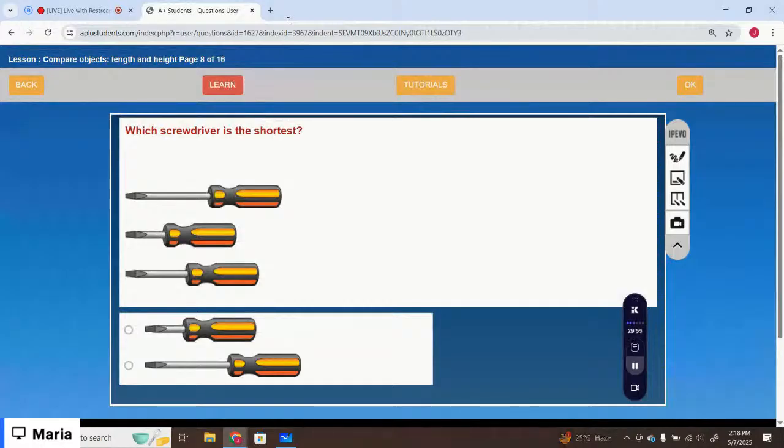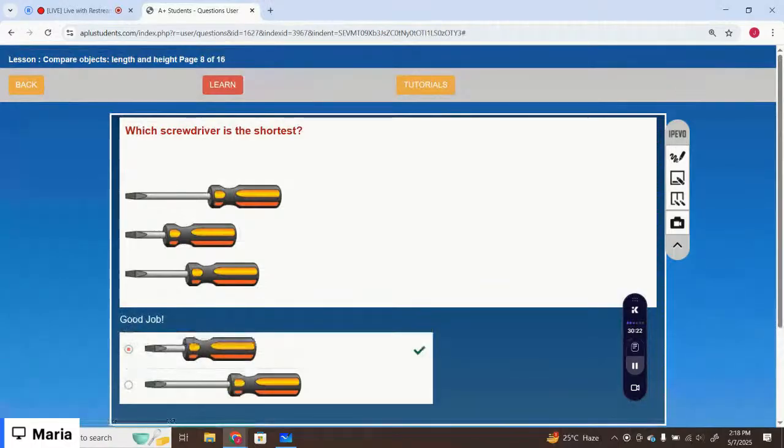Which is the correct option? Option number one is the correct option. That is the shortest screwdriver.